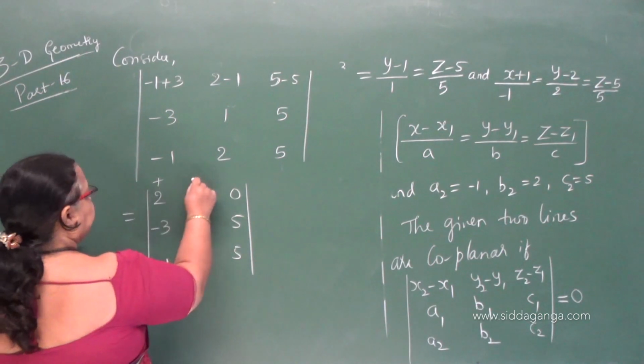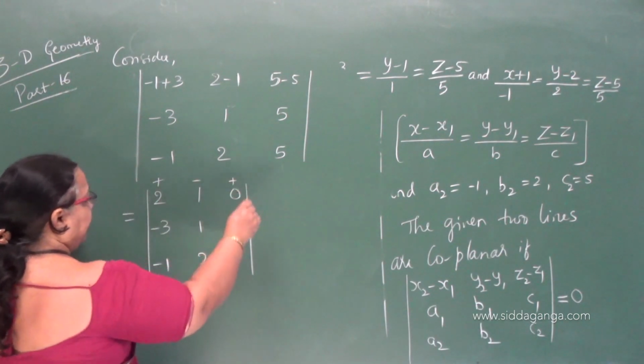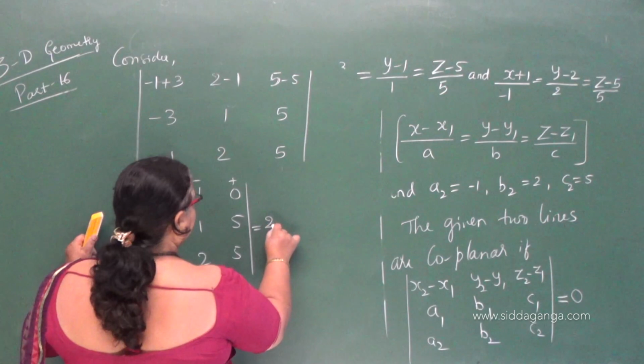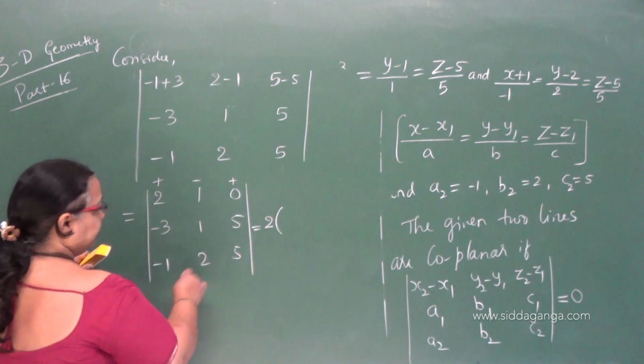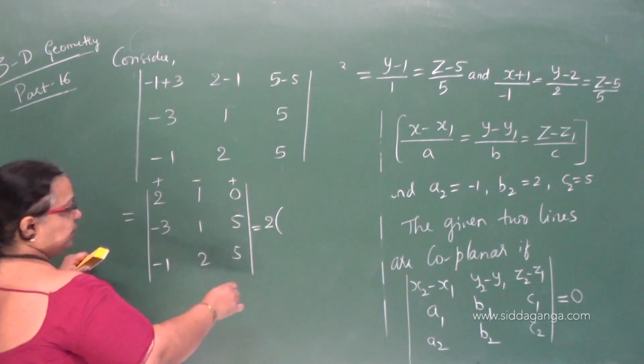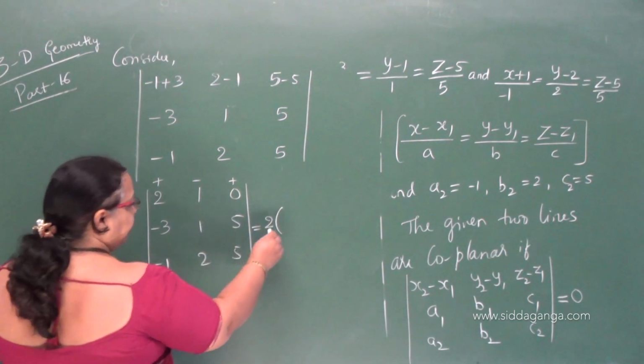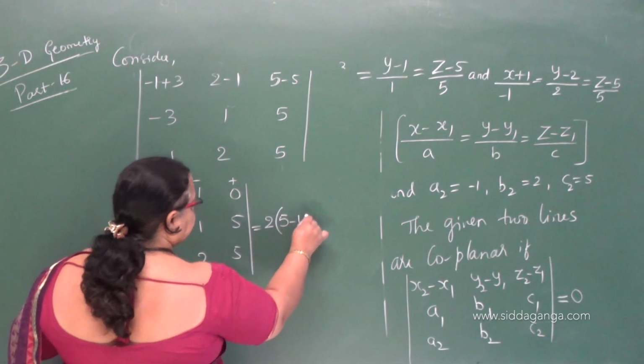So now you expand along R1. 2 into, delete this column and row, we get 2 cross 2 determinant value: 5 minus 10.